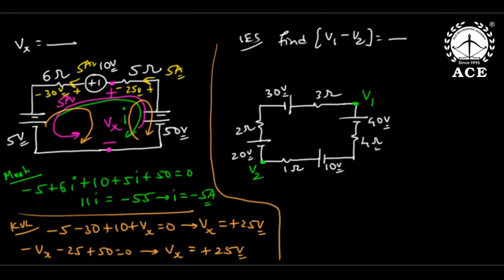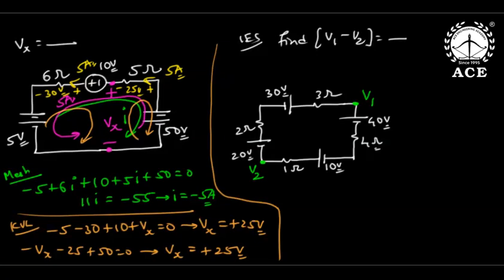Now find V1 minus V2. Please understand this. Again, to find V1 minus V2, I need to write a KVL, but first I need the voltage across the passive elements.